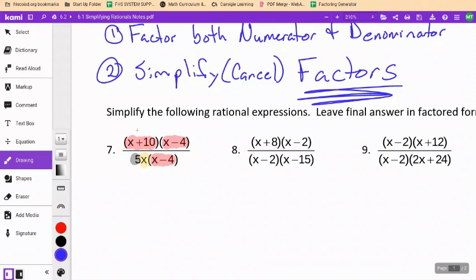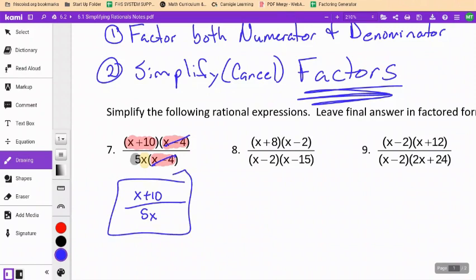So this is already factored for us. It's already done the first step. So all we need to do is simplify or cancel things that are the same. When I cancel, I look for things that are the exact same. x minus 4 and x minus 4 are the exact same factor. So I cancel that out, and from here, I think that's all I can do. What I'm left with is x plus 10 in the numerator and 5x in the denominator. So this is my final simplified fraction.